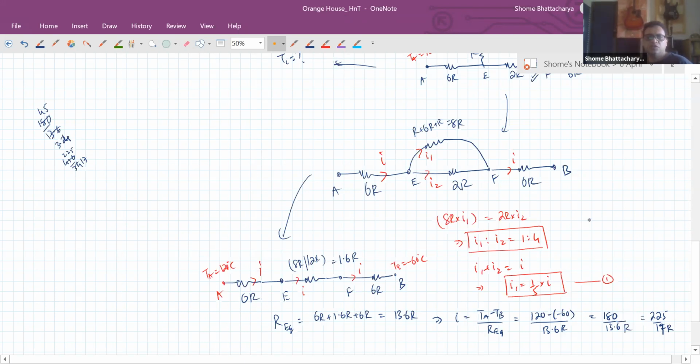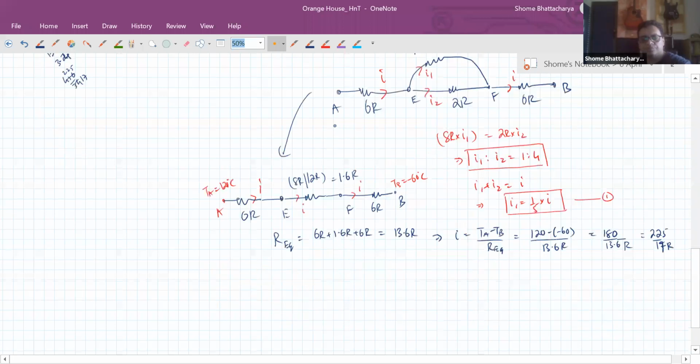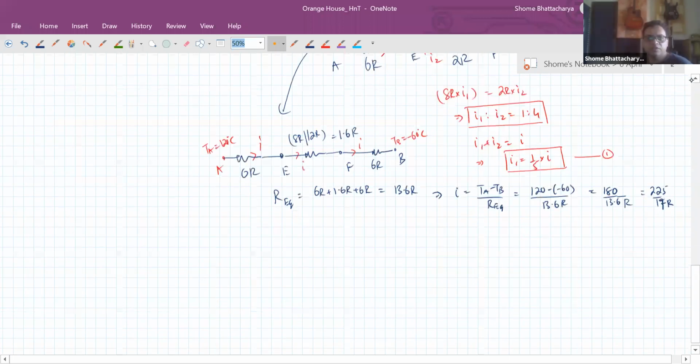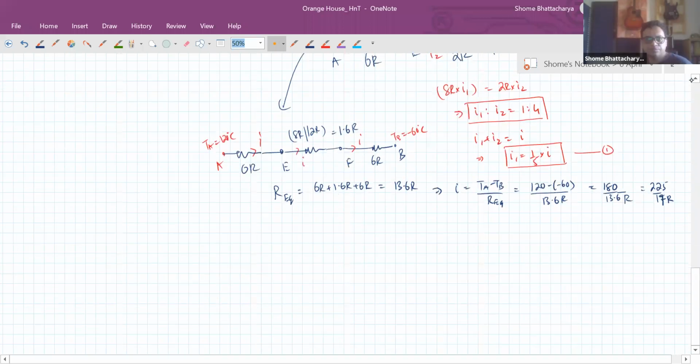Okay. So this is the equivalent current. So just make a note up to this portion first. Then we'll see how to find the temperature at that point C.